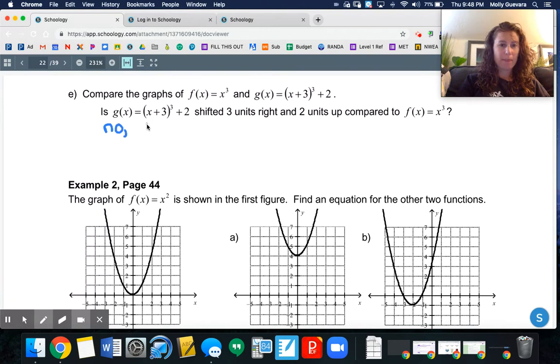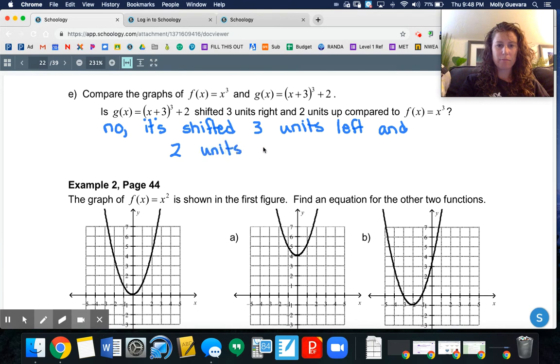No, it's shifted 3 units to the left, 3 units left, and 2 units up.